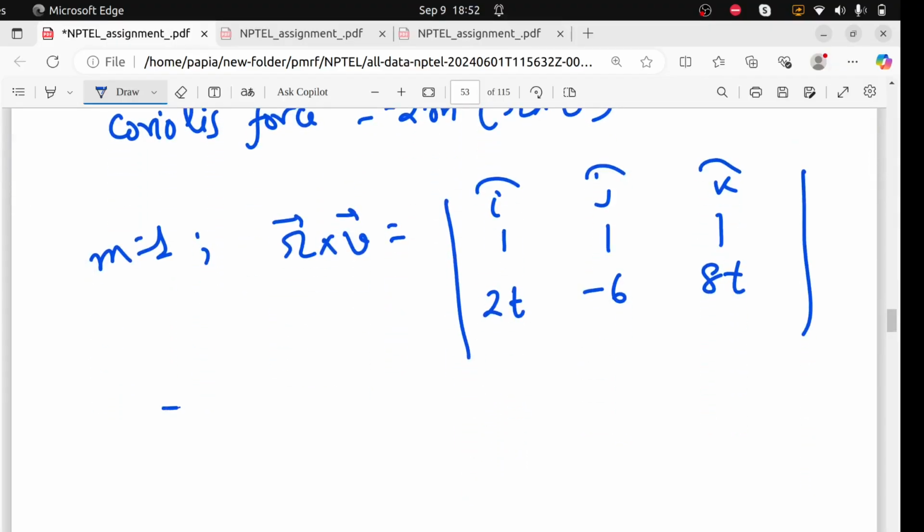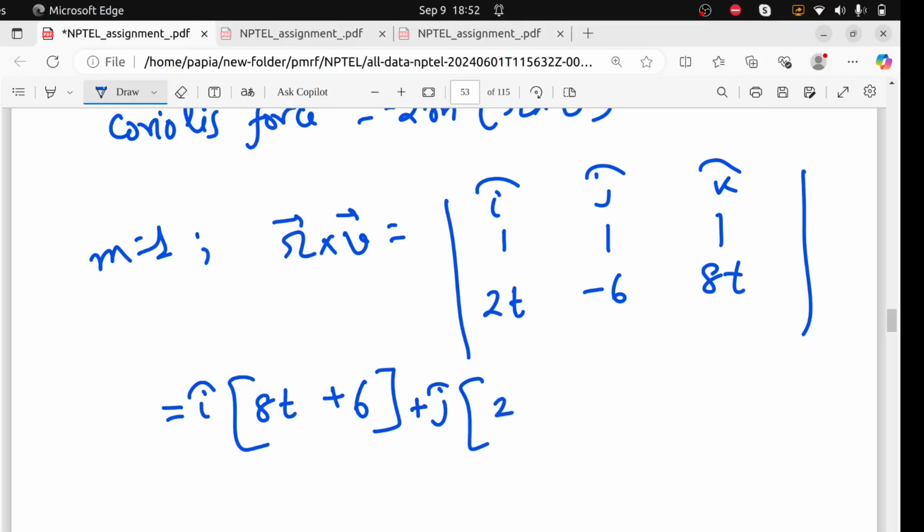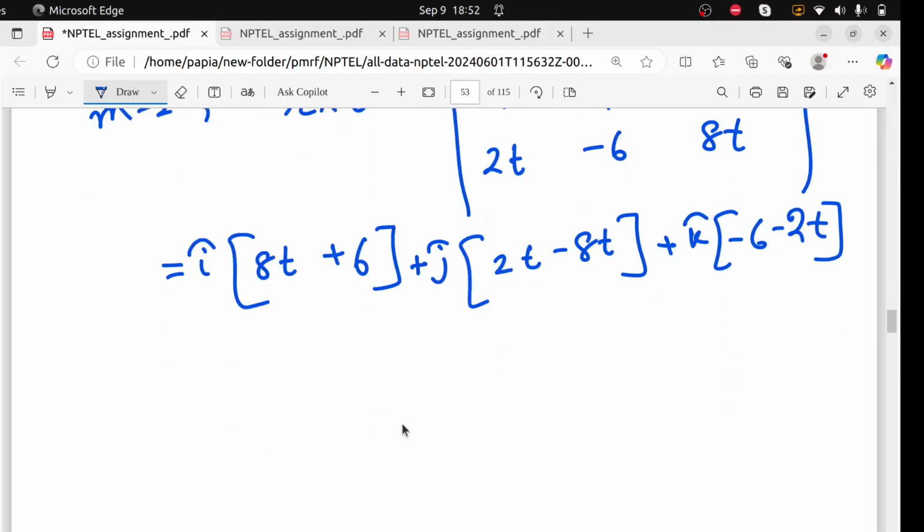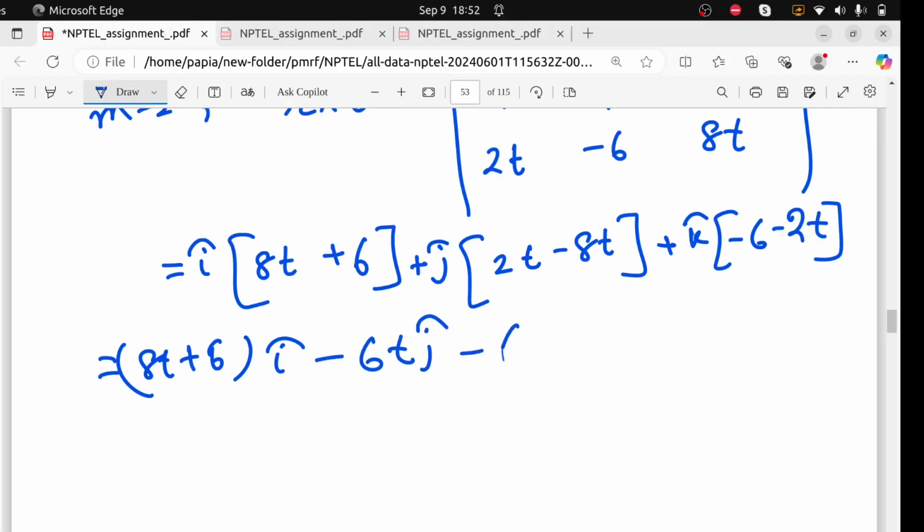So this will be (8t plus 6) i cap plus j cap (2t minus 8t) plus k cap (minus 6 minus 2t). So this is (8t plus 6) i cap minus 6t j cap minus (6 plus 2t) k cap.